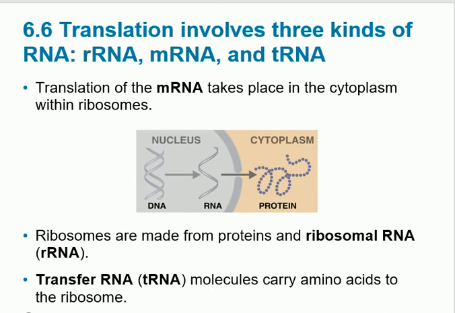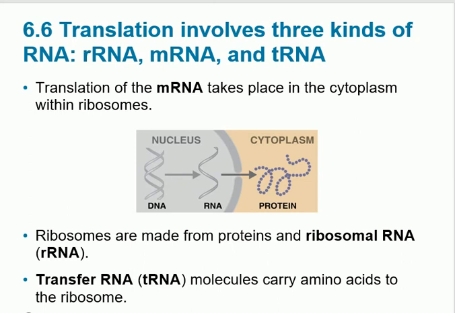Messenger. Transfer. The messenger is the one that we mentioned in transcription, you make a messenger. The transfer is the one that helps you to transfer the amino acids. How about the third one? The third one is ribosomal RNA plus proteins. We call that ribosomes. So the third one is called ribosomal RNA.